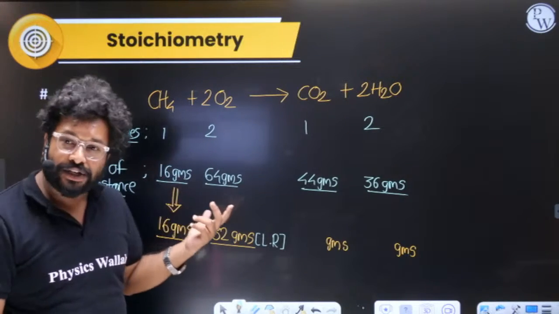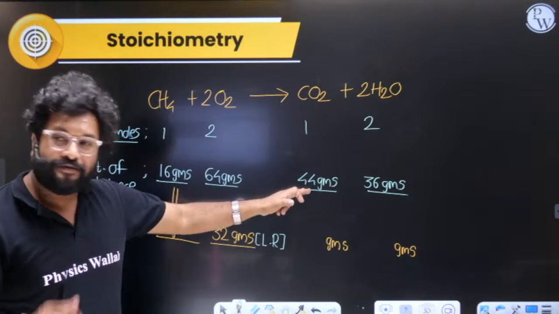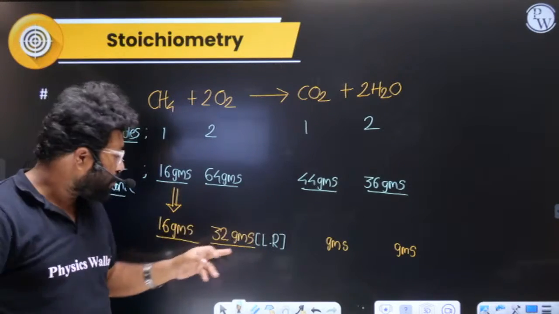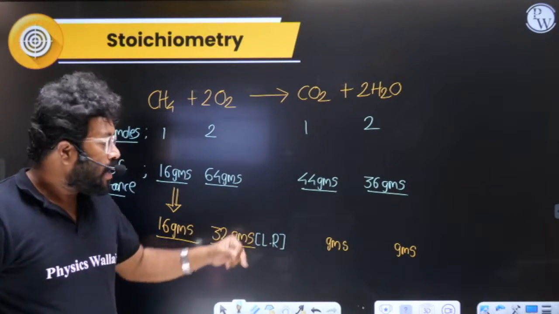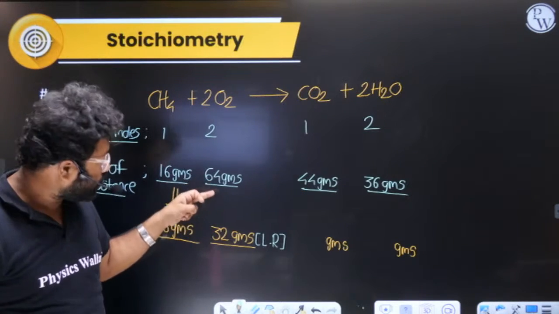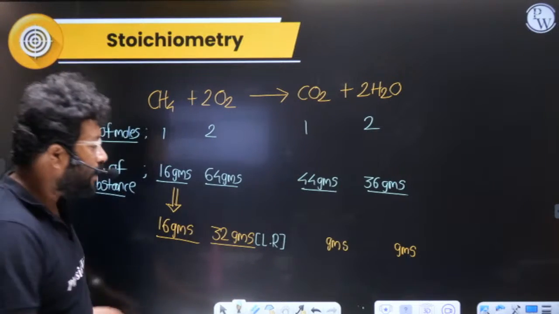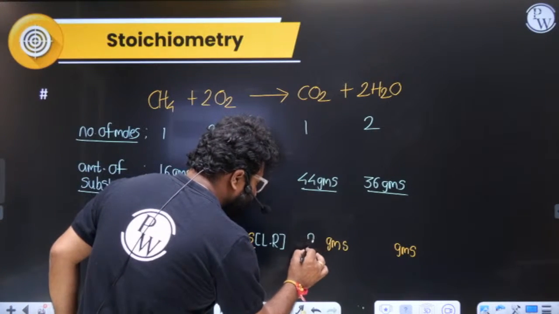In the original reaction, when you took 64 grams of oxygen, it gave you 44 grams of CO2. Now you have 32 grams of O2. How much CO2 can you obtain? If the amount of oxygen has been halved, then the amount of CO2 would also be halved. It would be how much? It would be 22 grams.